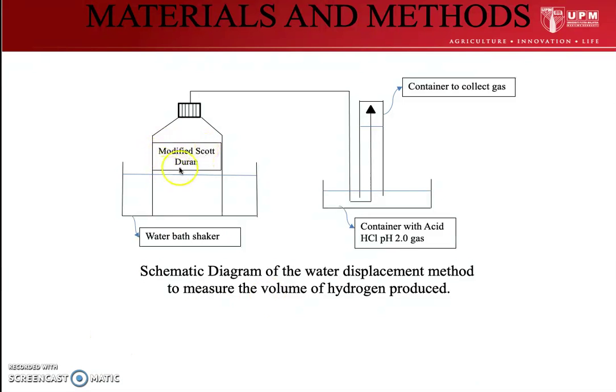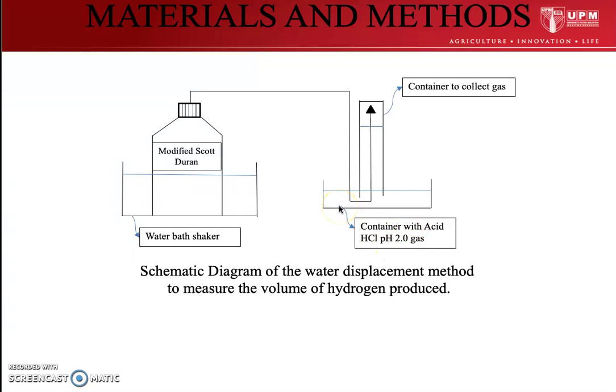This is the modified Schott Duran bioreactor. Here is a water bath shaker, and there is distilled water here, and this is the container for collection of gas. This cylindrical container contains an acidic solution of pH 2.